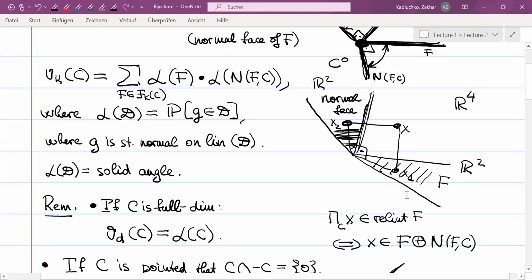I can project X to each R2 orthogonally, and the claim is that the metric projection of X to the cone C is in the face F if and only if X1 is in F and X2 is in the normal face, where X1, X2 are, so to say, coordinates of X. The first coordinate is in this R2 and the second one is in the other R2.